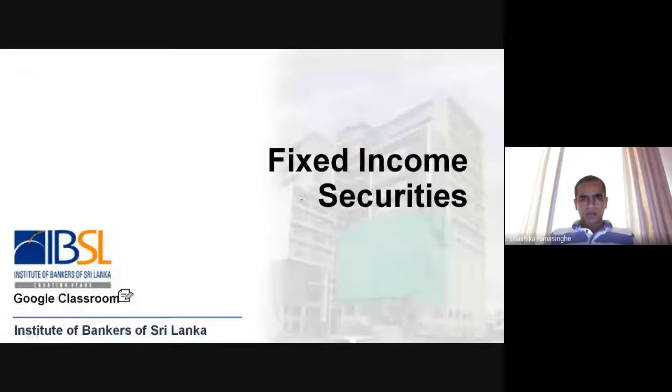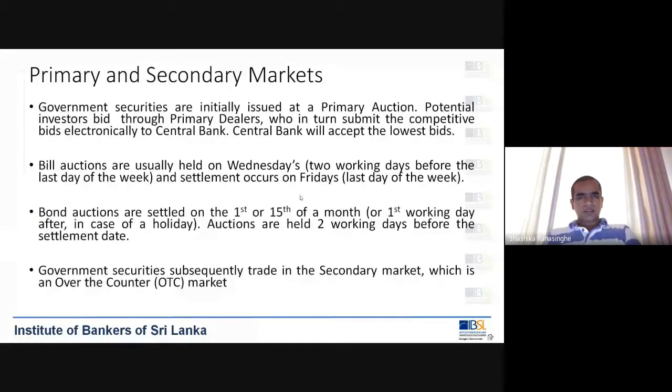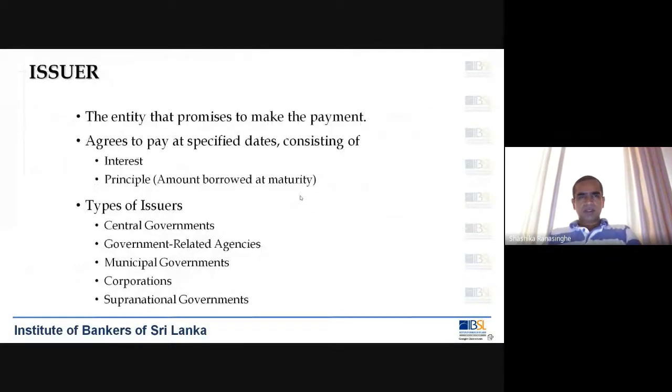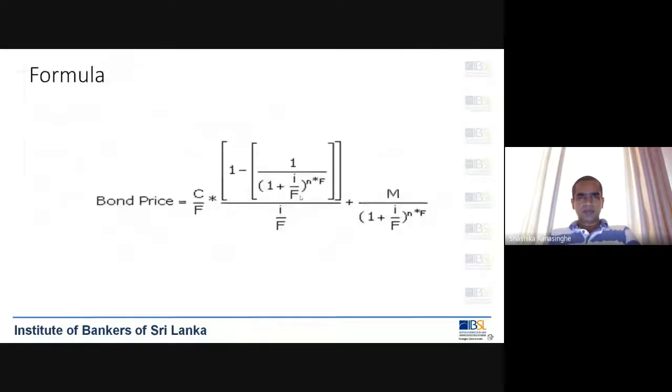Right? So we covered fixed income securities. We covered the basics, including the ISIN number and the bond terminology, the coupon, price, calculated price.